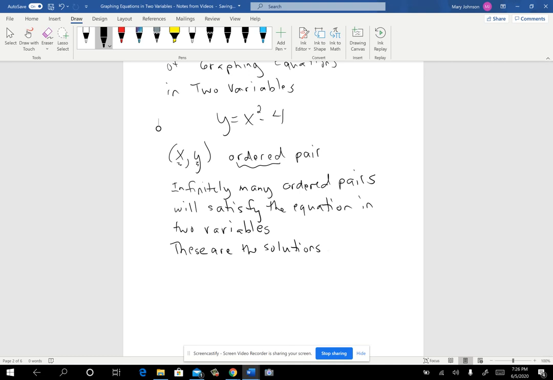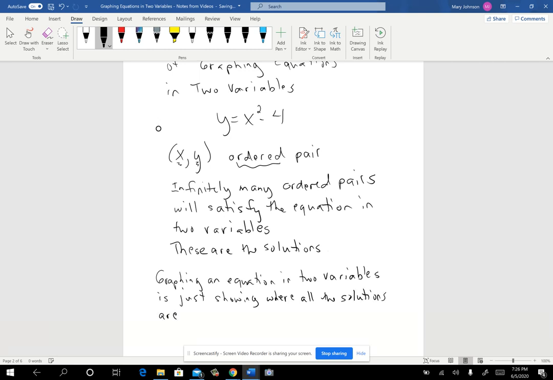So graphing an equation in two variables is just showing where all the solutions are.